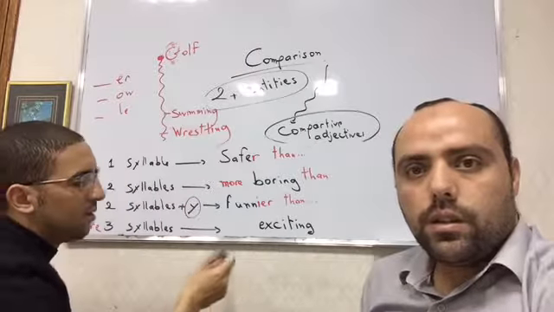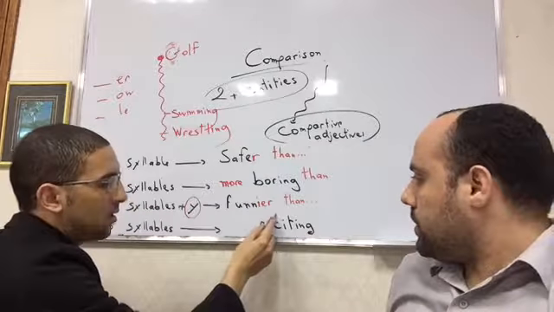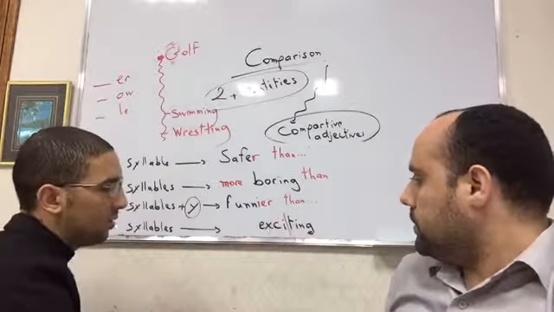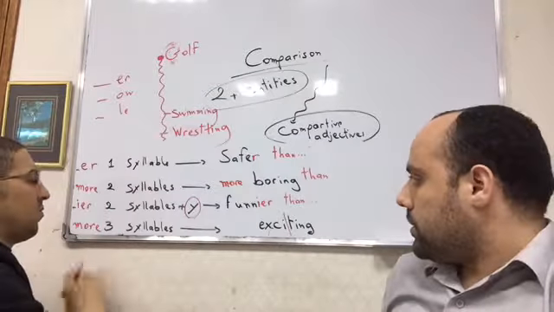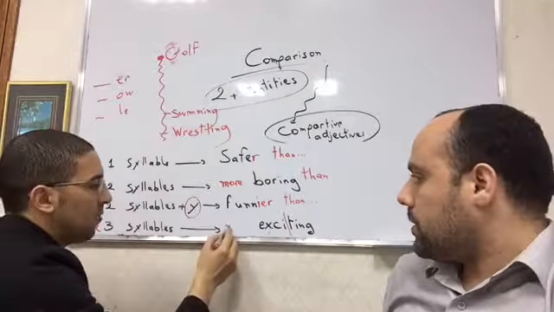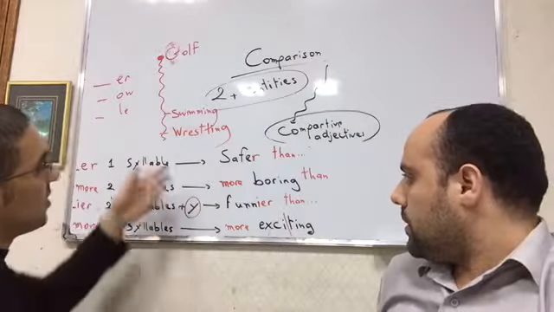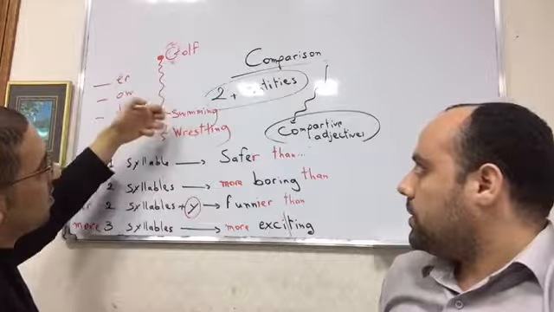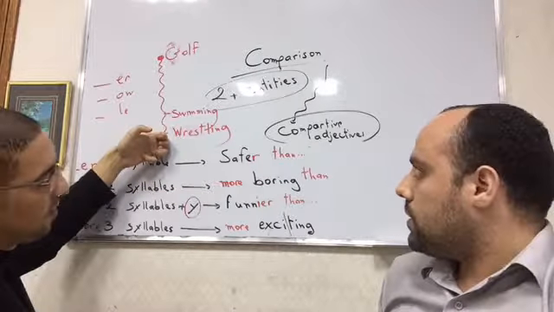Exciting, we have 3 syllables again. So, of course, with 3 syllables, we always use more. We say more exciting. We say here, for example, swimming is more exciting than wrestling.